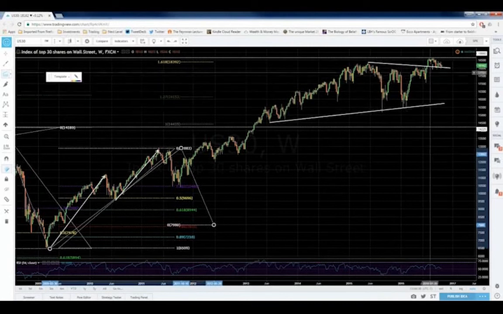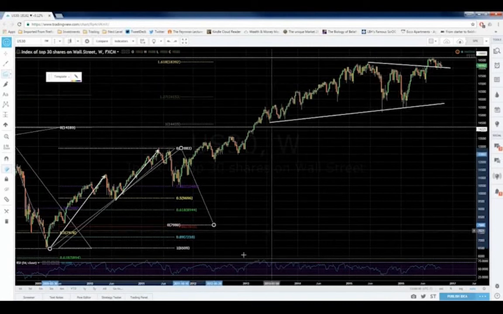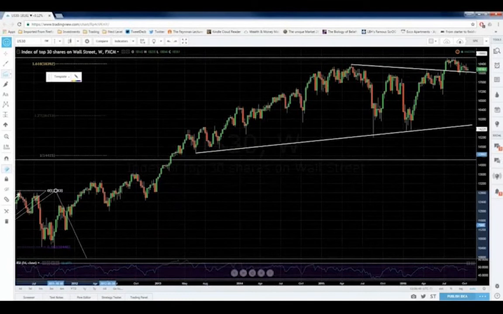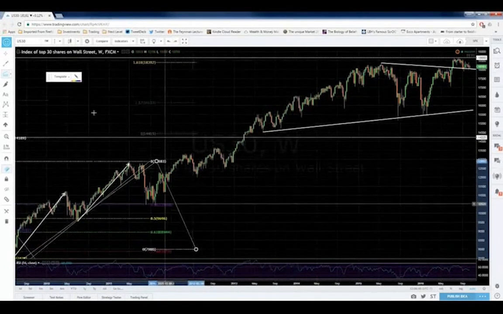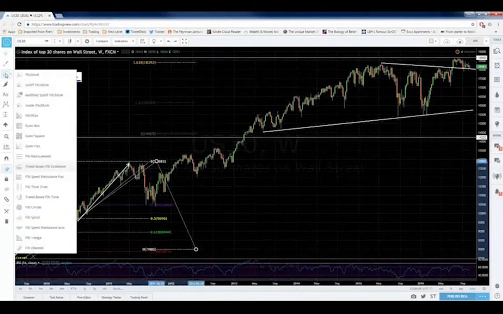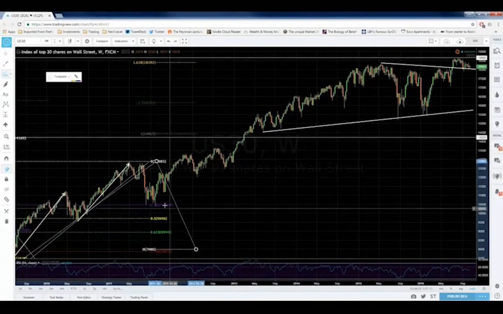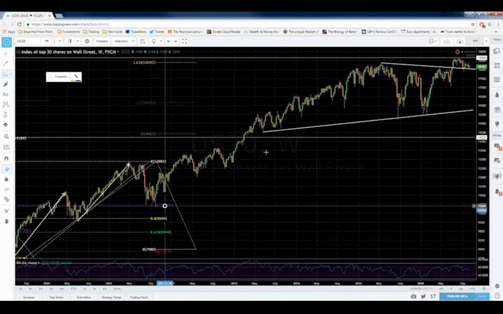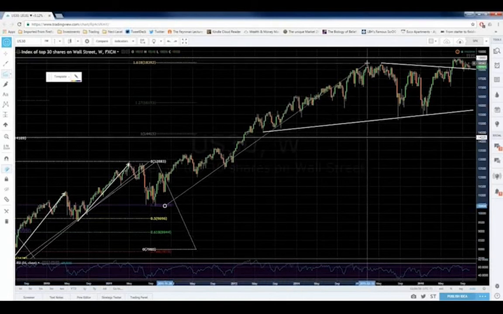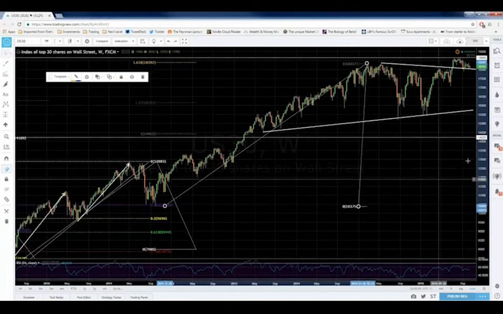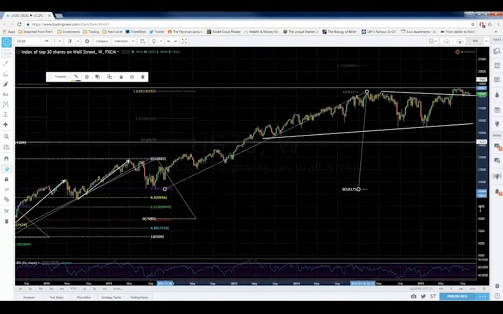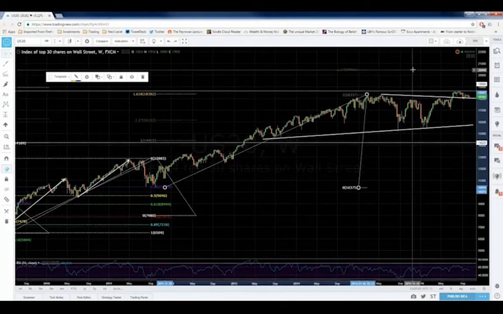We have on the weekly chart, we can say we're looking for a wave 3. Remember wave 3 is the 127% projection of wave 2. So from wave 1 to wave 2, we pull back on a wave 3. We have room still for the Dow to get up here to 20,400 on a weekly chart.